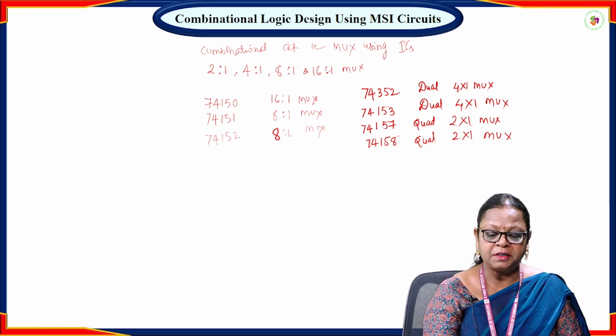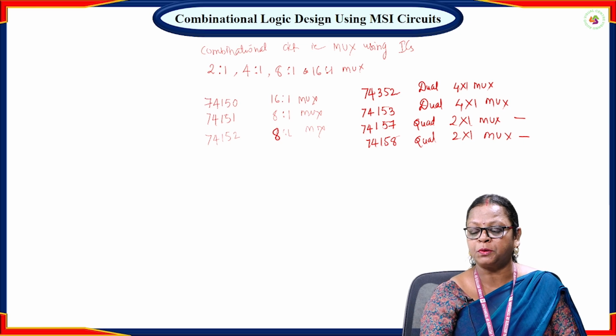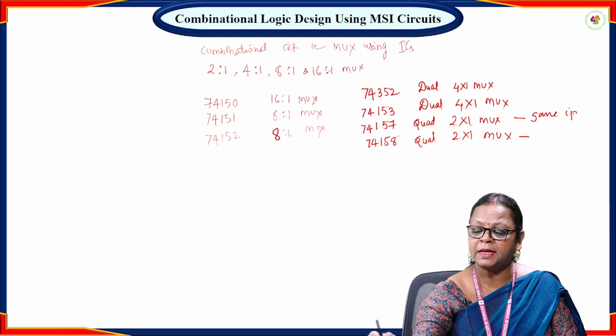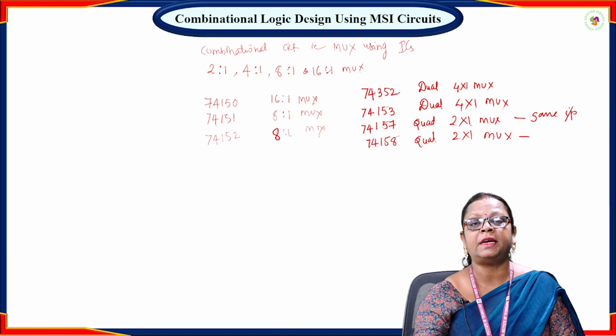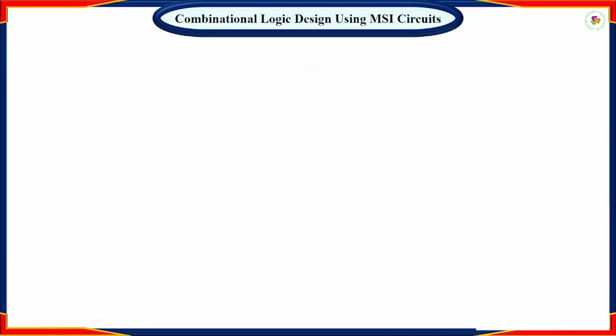So what is the difference between these quad 2 into 1 MUX? 74157 is a quad 2 into 1 MUX where the output is the same as the input. Whatever input data you apply, the output will be taken the same as the input. But in 74158 it is inverted input.